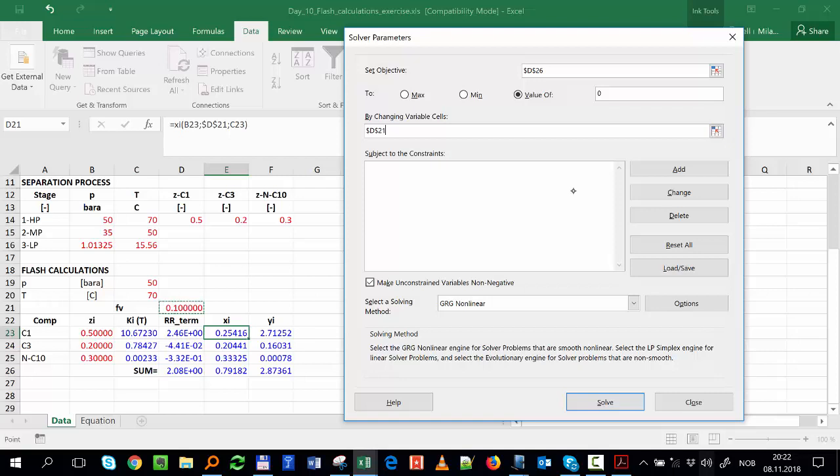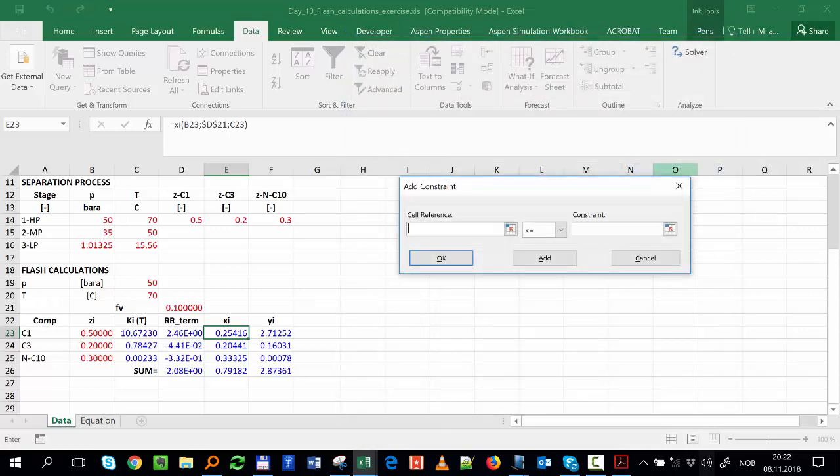To the constraints, FB can be only between 0 and 1. You can have either 100% vapor or 0 vapor, but you cannot have a negative number. So let's add that constraint. Add, and we say this number has to be less than 1.